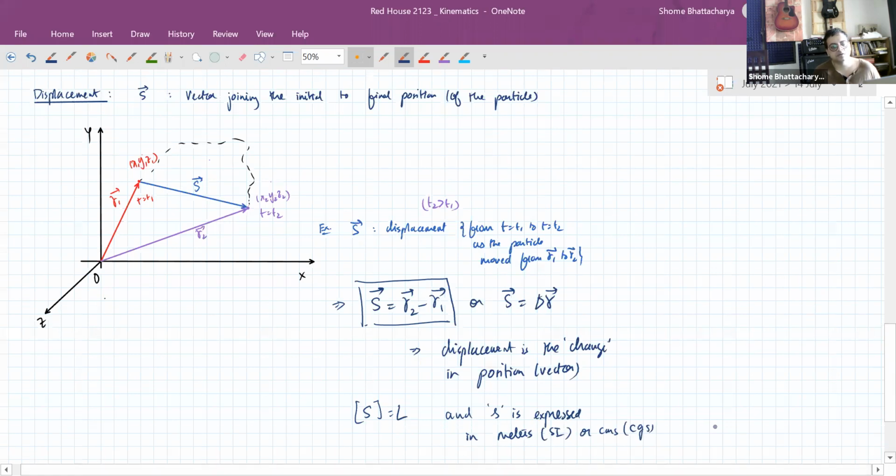Okay. Or sometimes we use longer units like kilometers, miles. Same for position, of course. Position also is expressed in meters, kilometers, etc.